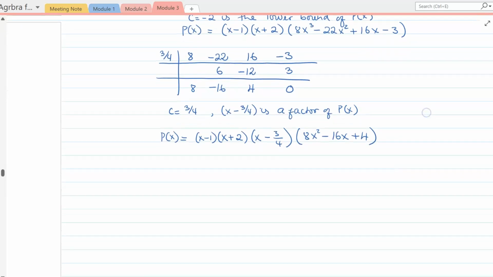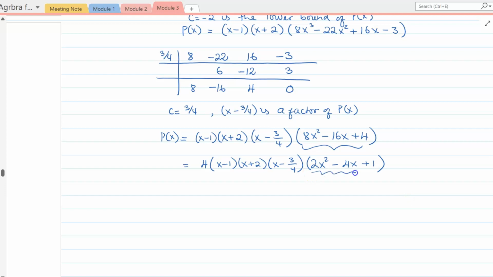Now that I have a quadratic here, I can factor it. Let's factor out 4 to begin with. So x minus 1 times x plus 2 times x minus 3/4, that leaves us with 2x squared minus 4x plus 1. Note that this quadratic is not factorable.